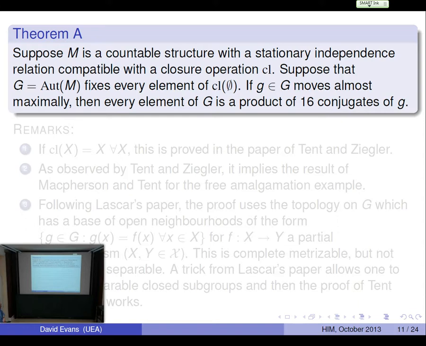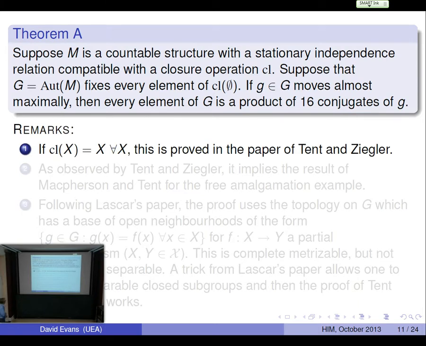So let's assume that the whole automorphism group fixes the closure of the empty set. If g moves almost maximally, the result is that every element of the group is a product of 16 conjugates of g.